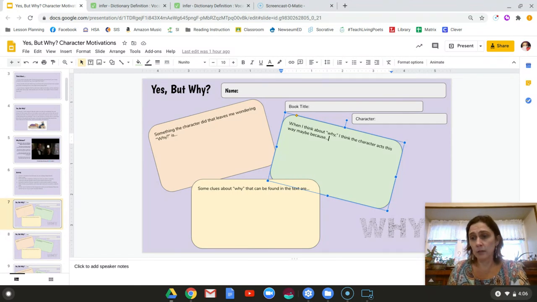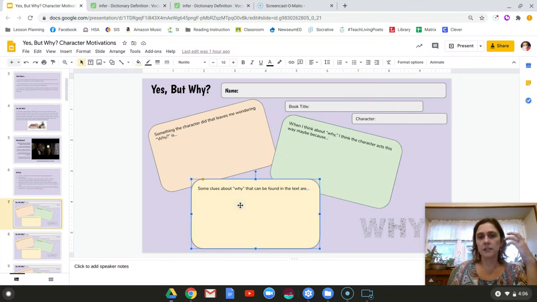We don't necessarily know for sure. So you're going to list your reasons for why you think they behaved that way or did that thing or said that thing or thought that thing or felt that thing. And then finally, you're going to list some clues about why that can be found in the text. So this is where you're going to give me your textual evidence. You know, this happened, and that happened. And I think that because of all of these things, that is why that character was motivated to say, do, think, or feel. All right.